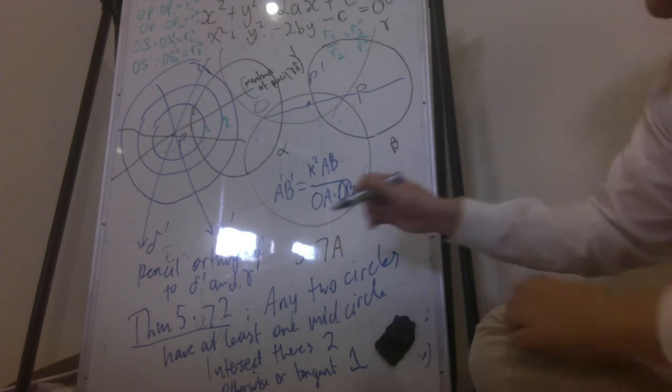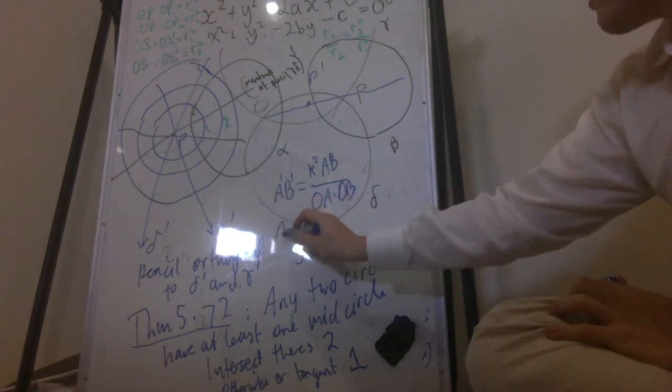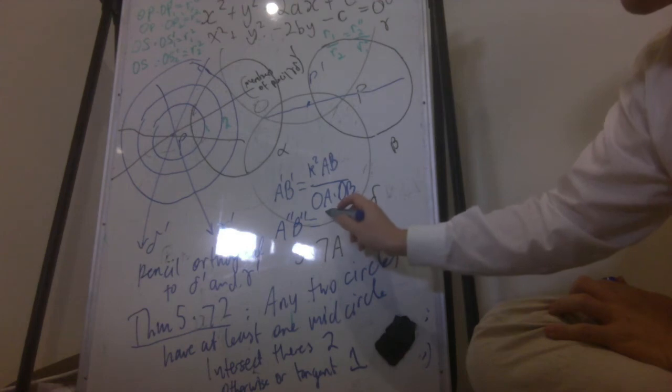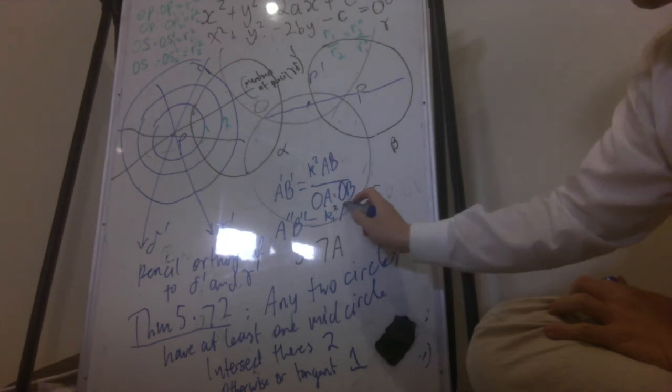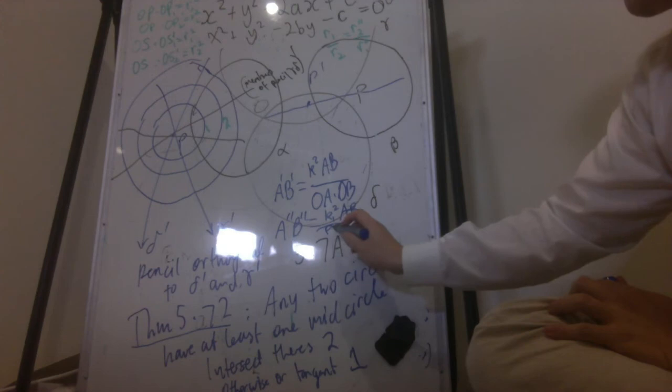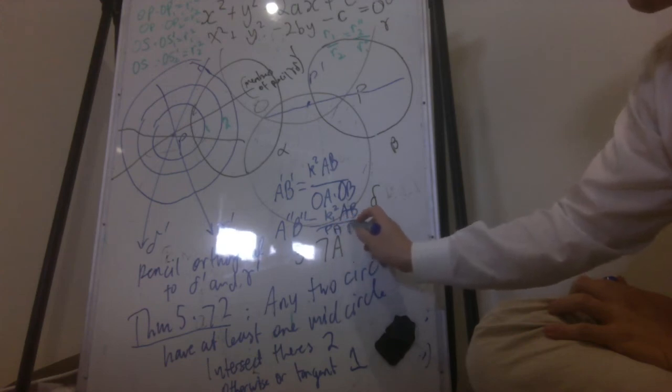So can you see that A double prime B double prime equals some other K squared AB on PA, PB.